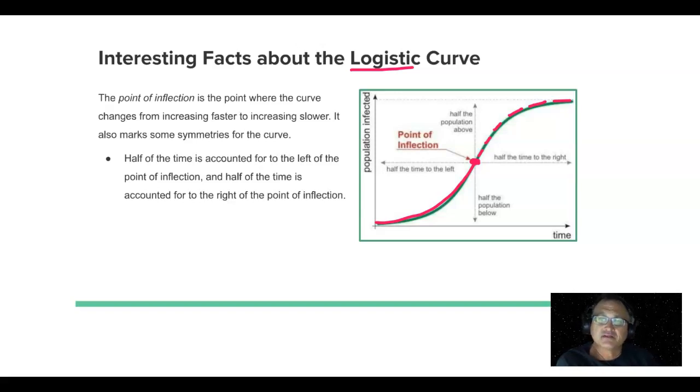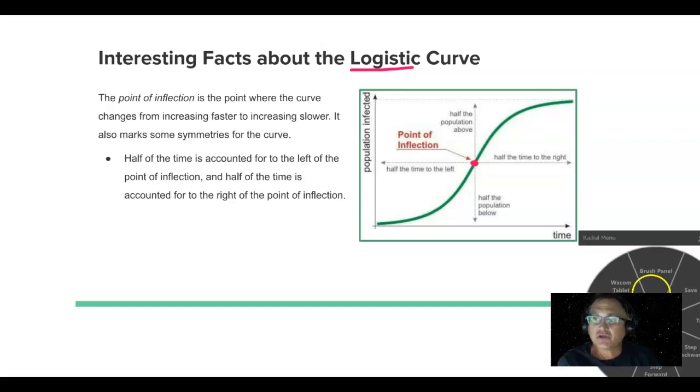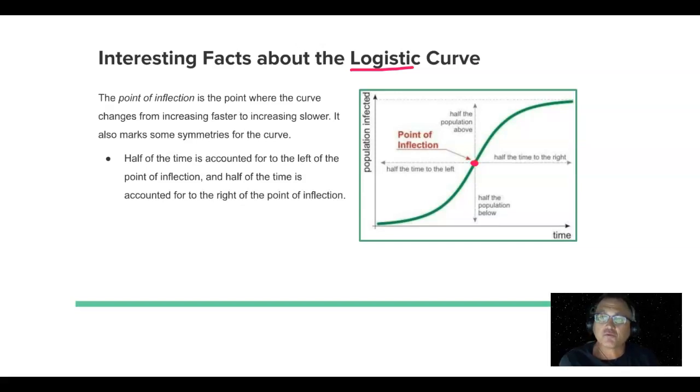And what that does is that divides this curve into 4 parts. The first part is it divides the time that it took to get to that point of inflection, and you can use that to predict when the curve would end.